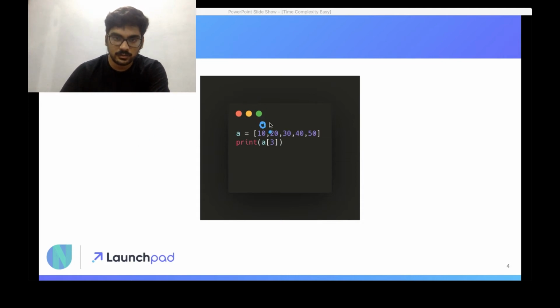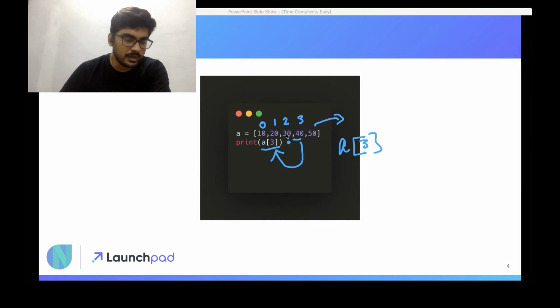If I want to access any element here, I can directly access it. I just have to write the array name and the index, A[3]. However big or small the array is, it is not a problem. We can access A[3] directly. So the complexity will be O(1).